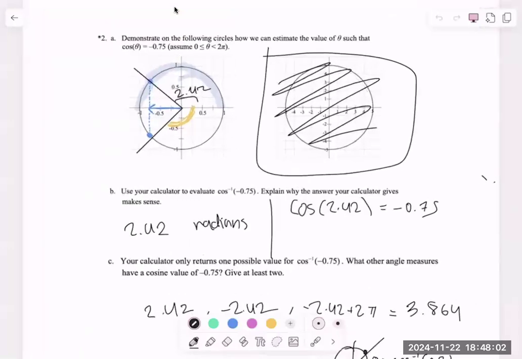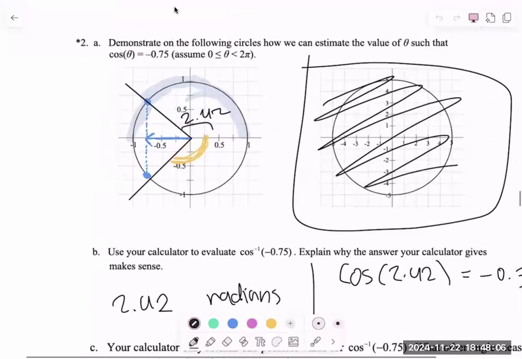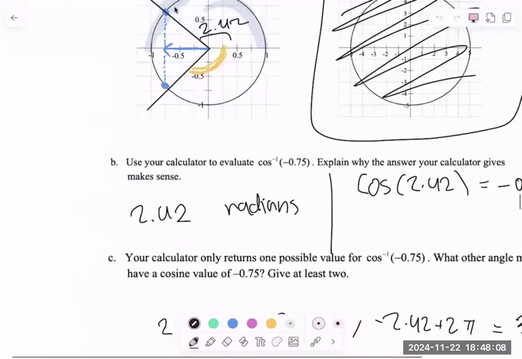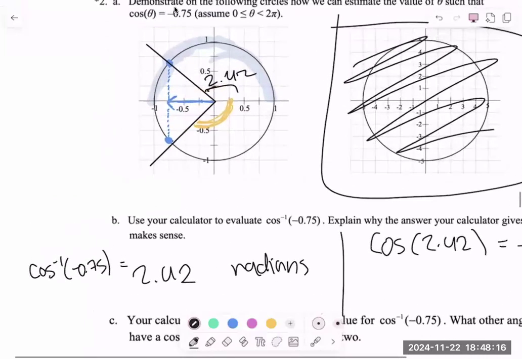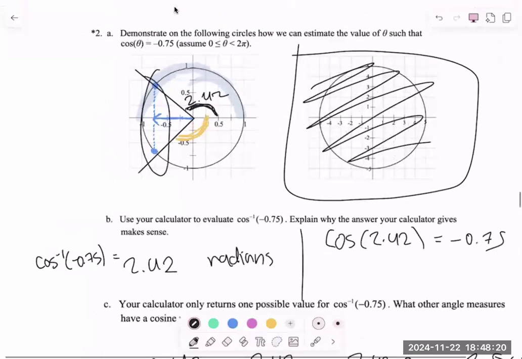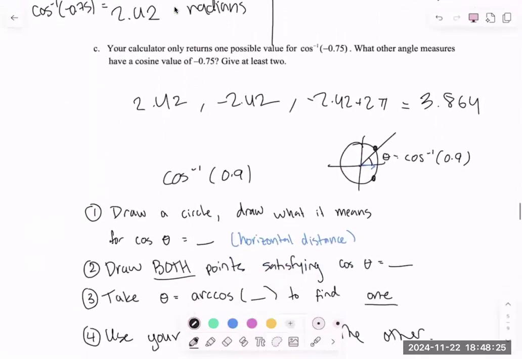If cosine of theta equals negative 0.75, I can put cosine inverse of negative 0.75 into my calculator to give me one of these angles, and it ends up giving me this one right here. But I need to find both of these. There are 2 points, so I need to figure out that other one.